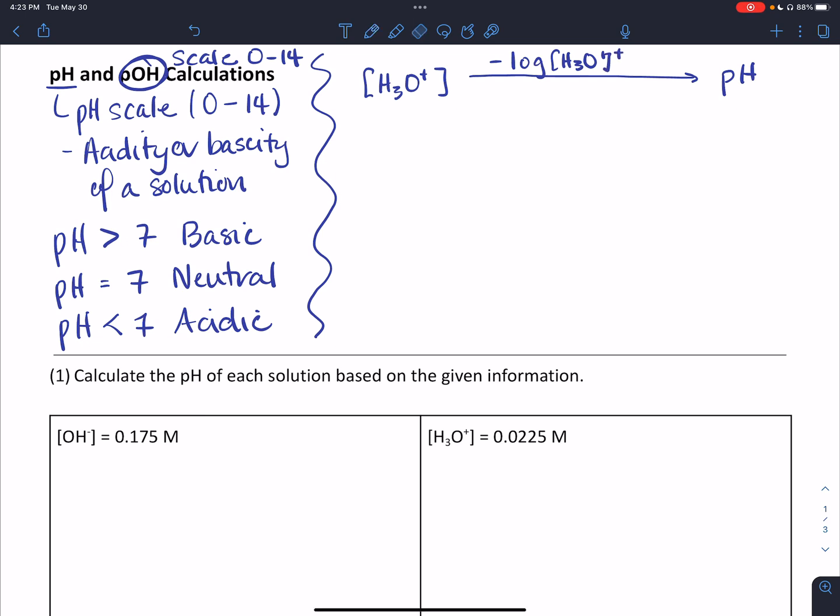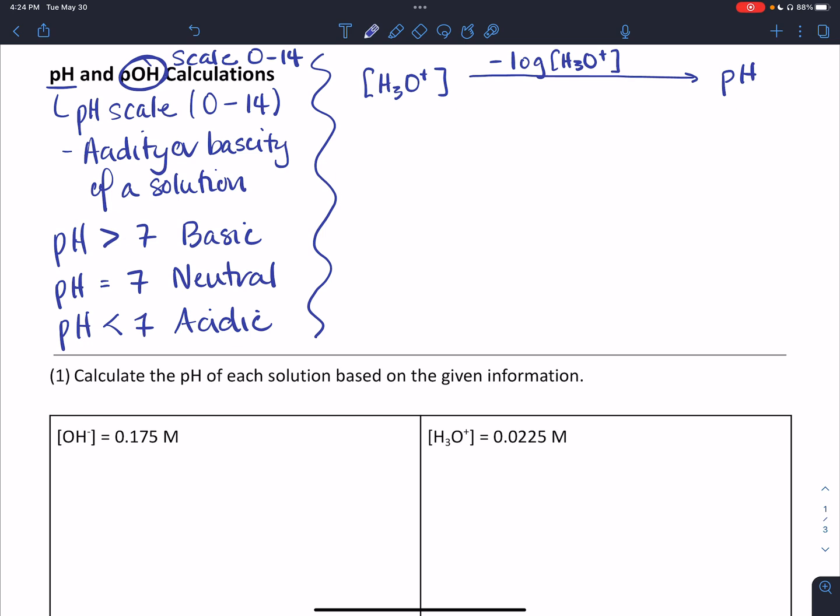On most calculators, you press the negative button and the log button, and then type in that value. If your concentration of hydronium is in scientific notation, please remember to put that scientific notation value in parentheses as you are doing the mathematical calculation. It just makes it a little bit cleaner.